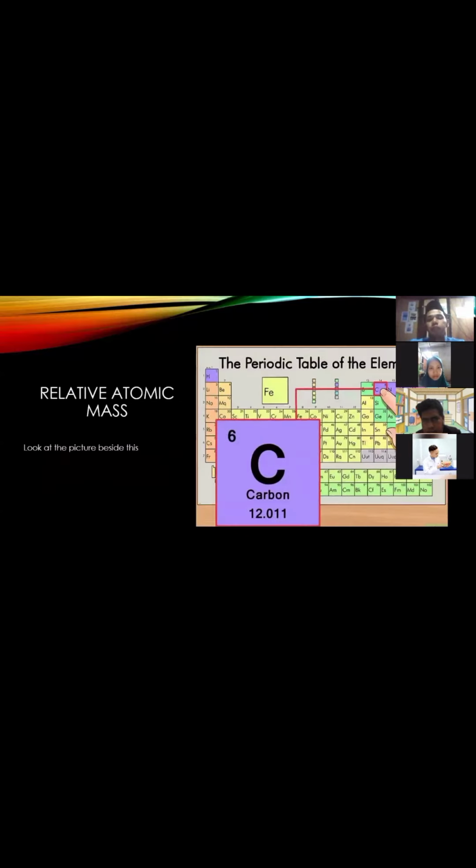Look at the picture beside. There are two isotopes of carbon in nature, namely the carbon-12 isotope and the carbon-13 isotope.